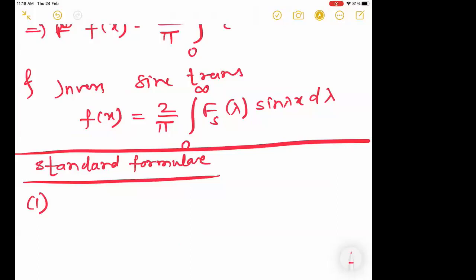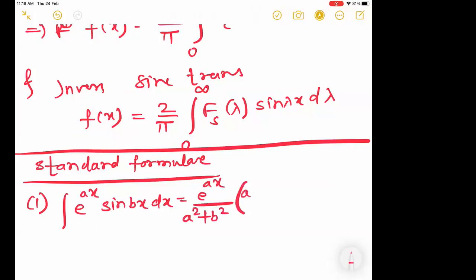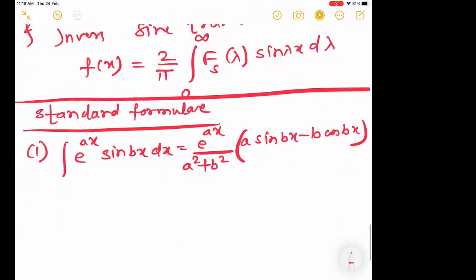So generally we need this integration formula: integral of e^(ax) sin(bx + c) or sin(bx) only, which is nothing but e^(ax) upon (a^2 + b^2) multiplied by (a sin bx minus b cos bx).